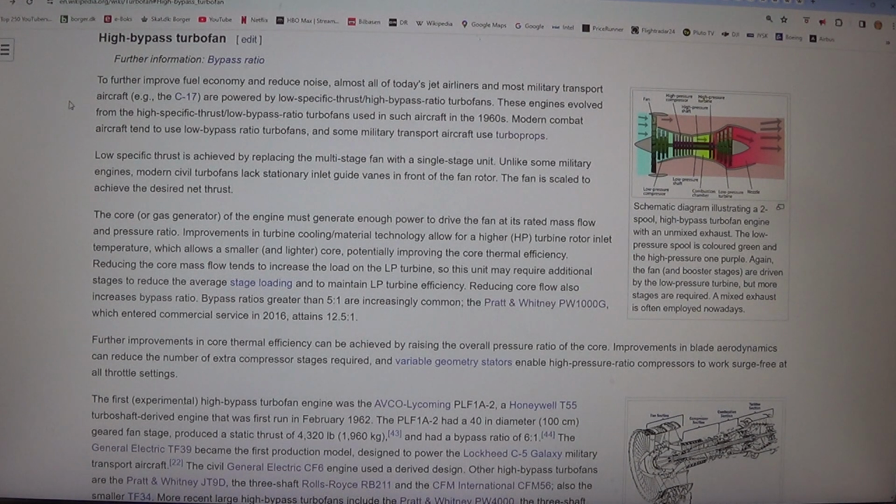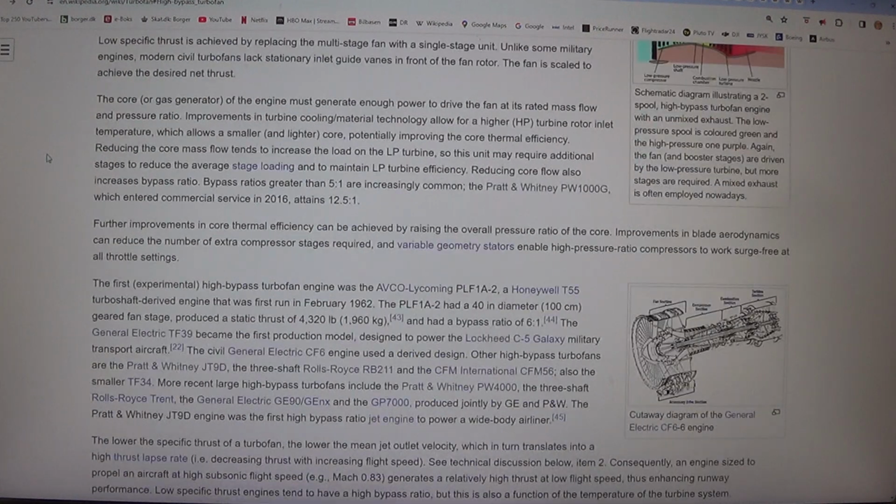The core, or gas generator, of the engine must generate enough power to drive the fan at its rated mass flow and pressure ratio. Improvements in turbine cooling/material technology allow for a higher HP turbine rotor inlet temperature, which allows a smaller and lighter core, potentially improving the core thermal efficiency.